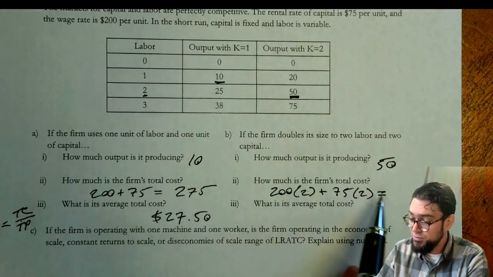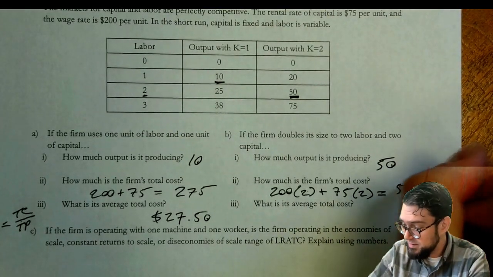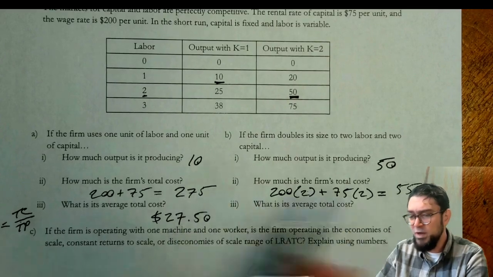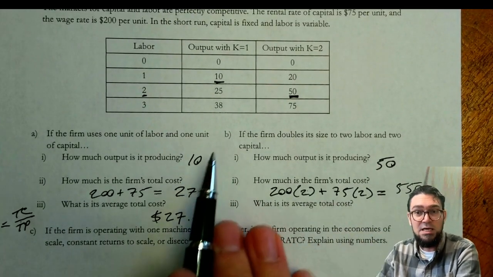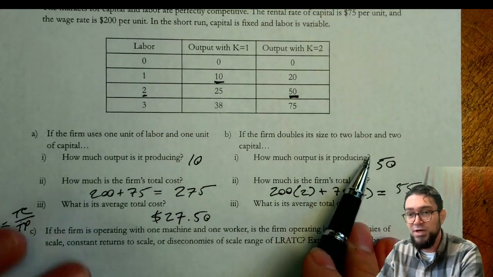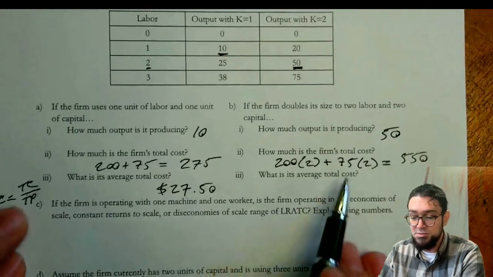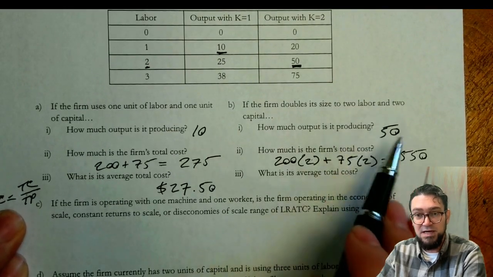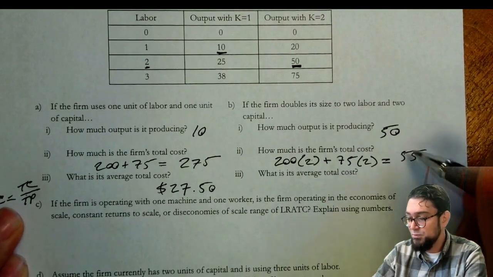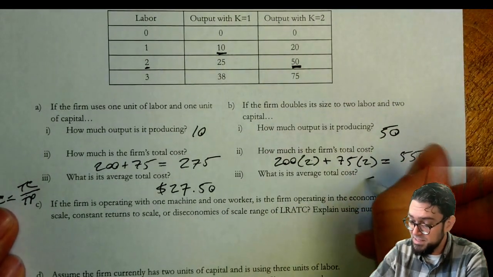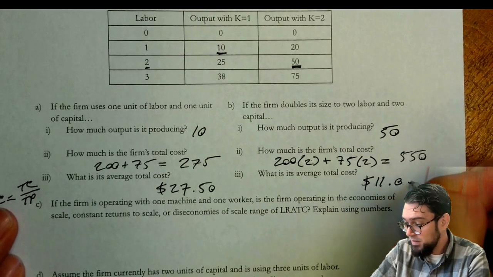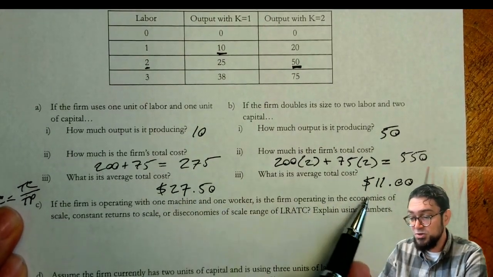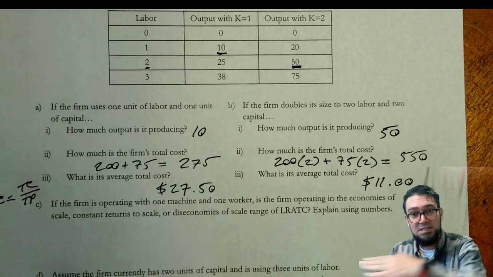So that's 400 and 150 is 550. So we have way more cost. Literally, we doubled our cost, but we quintupled our amount of output. And so what's now our average total cost? Well, we take the total cost, 550, and divide by 50. A way to think about that would be 5 going into 55 goes in 11 times. And so we can see here the average total cost fell as we increased the size of the company.